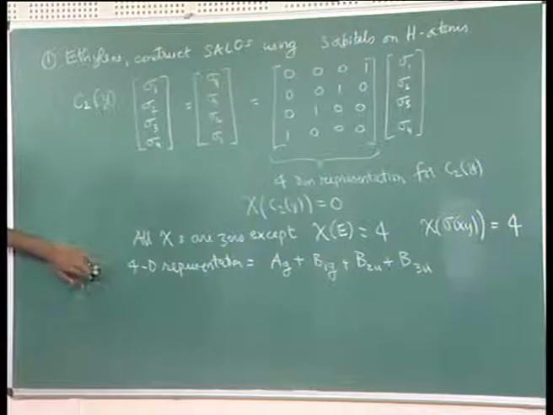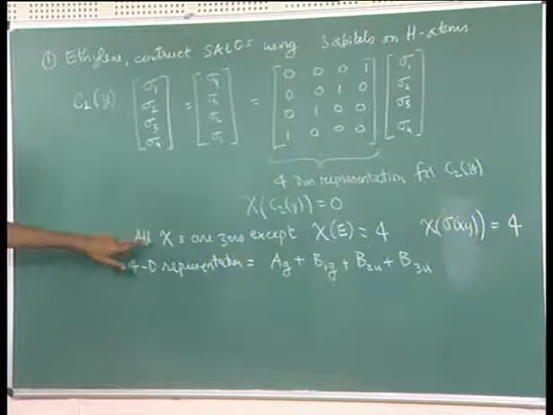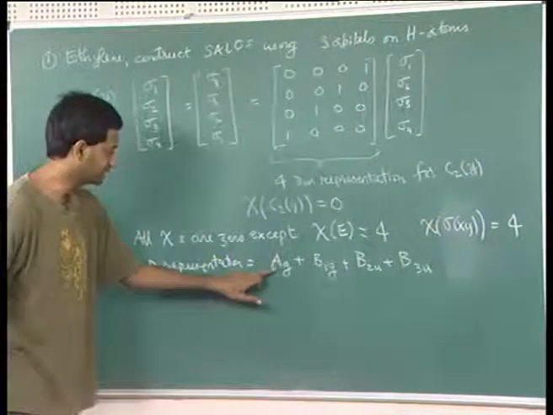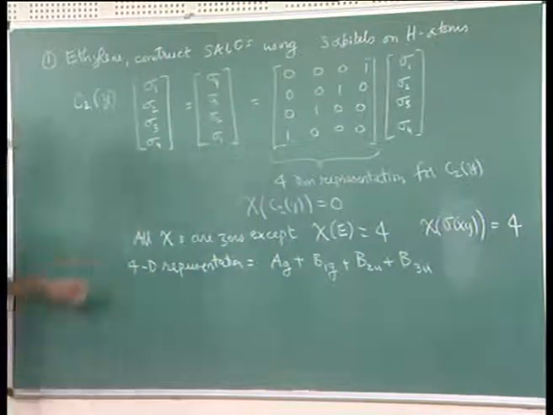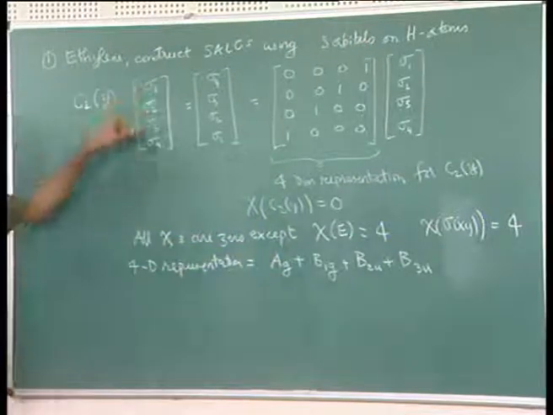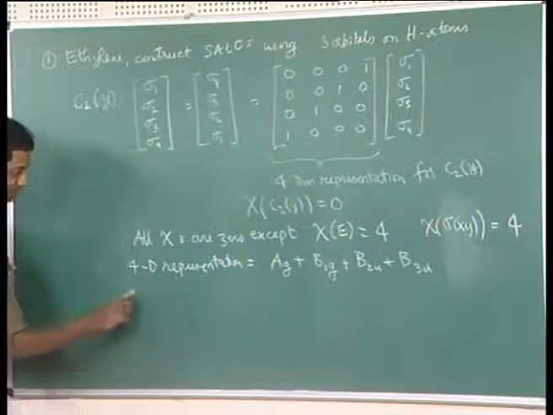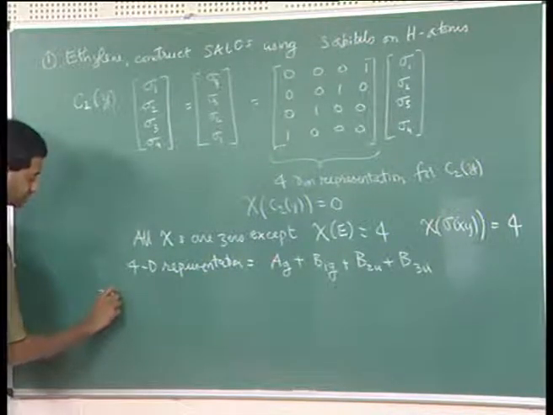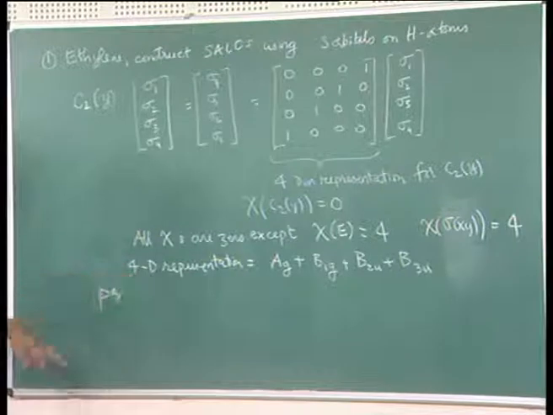So that means these are the only representations that will have non-zero projections of this basis. So you can calculate the projection in the AG irreducible representation, and since this is a one-dimensional irreducible representation, there is only one element.